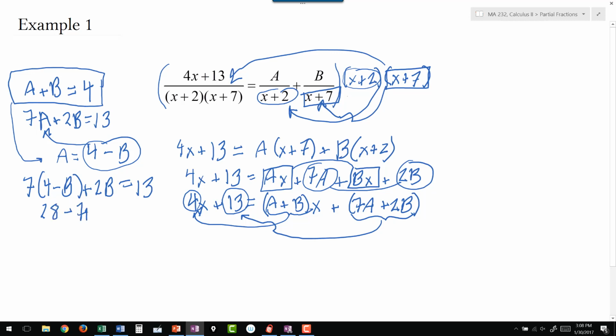I'll multiply through by 7. Collect my like terms together, so I have minus 5b is equal to negative 15. And that gives me b is equal to 3.